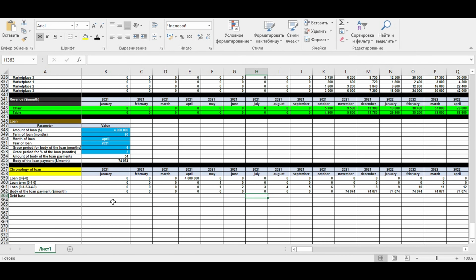Well, and now we have to calculate the base for the debt payment. Look how it's done.